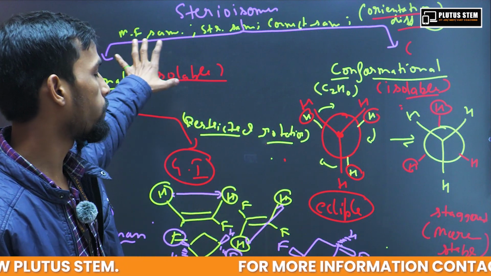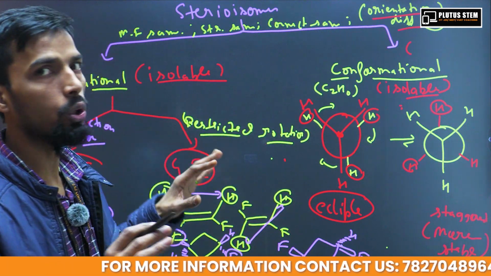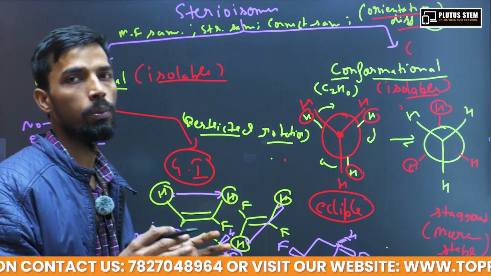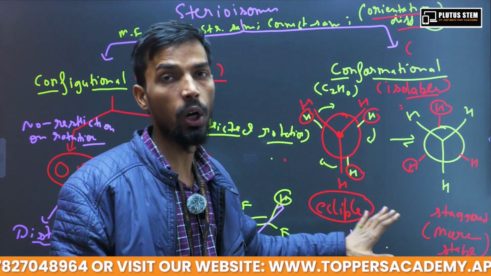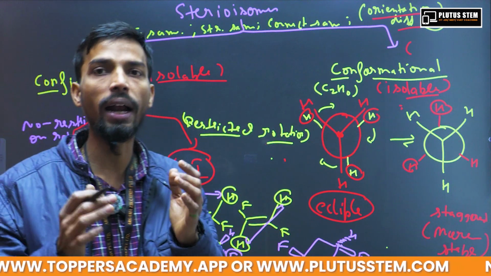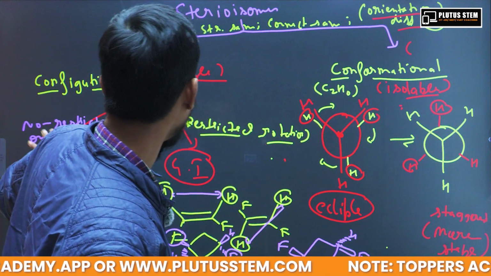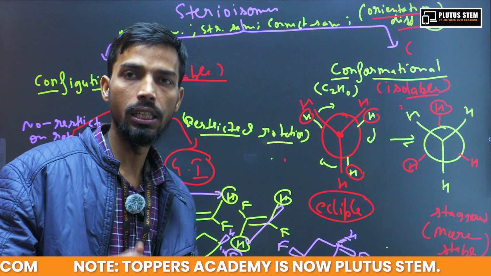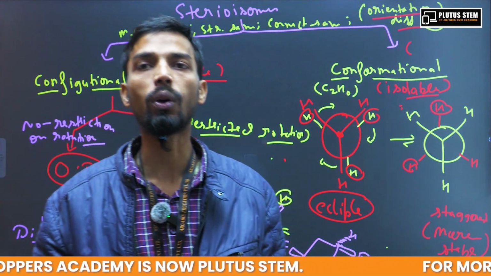If there were no classification, it would be quite difficult to understand all these isomers. There is an enormous number of isomers, so we classify them so that we can learn them quite easily. So don't be confused if you find a bit of difference in this classification somewhere. It is just a different way to classify.